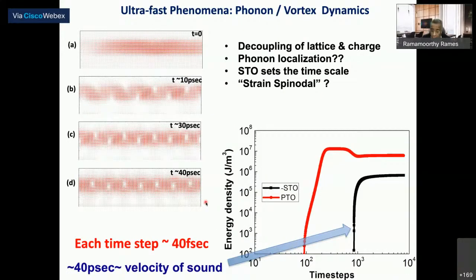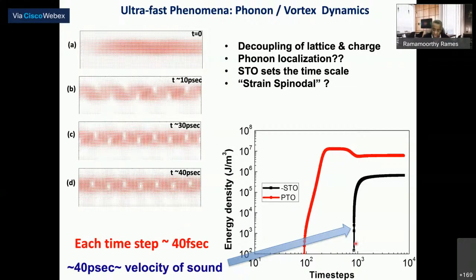And if you look at what happens when you come in and shake, this is phase field calculations, time resolved. And that's cooling down from high temperature. This is the lead titanate layer. In about 10 picoseconds, you could start to see the vortices nucleate at the interface between the strontium titanate and the lead titanate. And they will start to move right to the center of the layer in about 40 picoseconds.